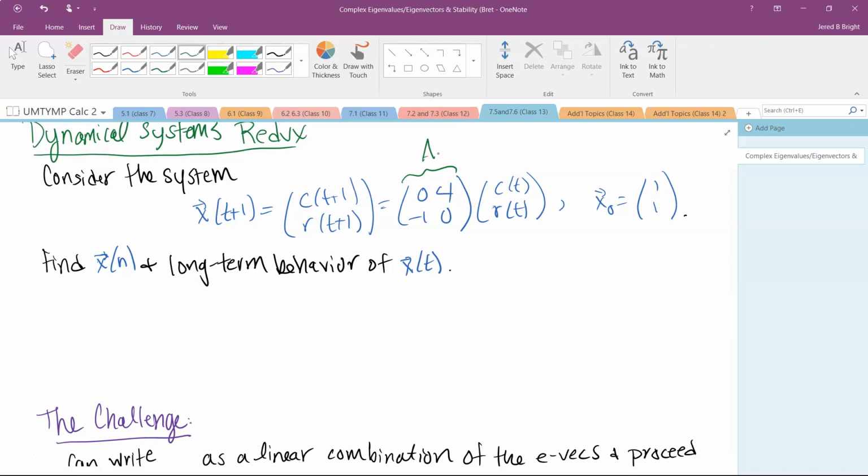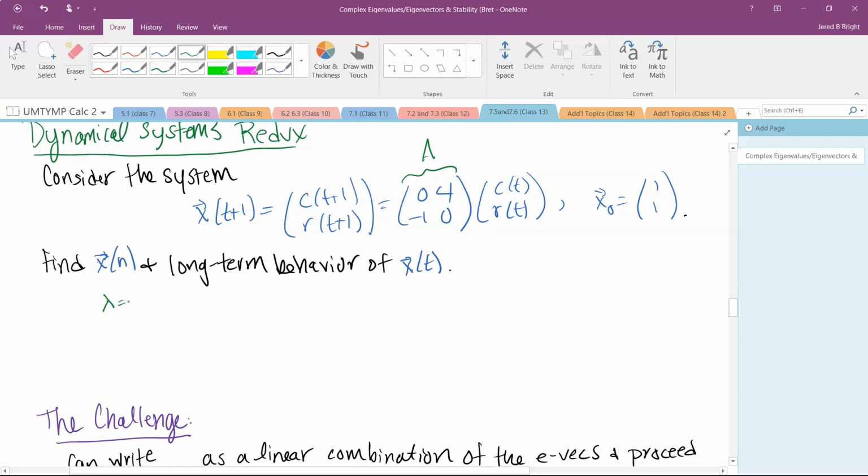So first, if you remember when we were first learning about dynamical systems, we eventually found things that we came to call eigenvalues and eigenvectors. So let's go ahead and do that. This happens to be the same matrix as in our previous video.